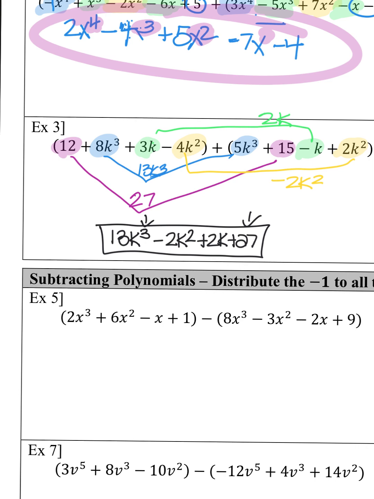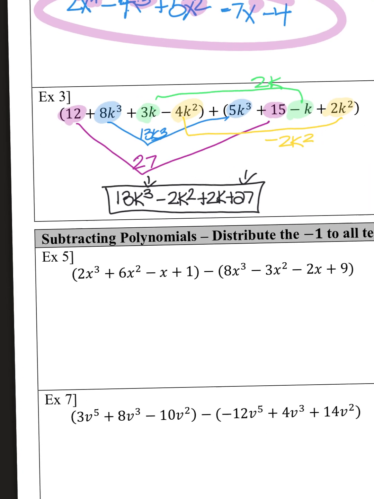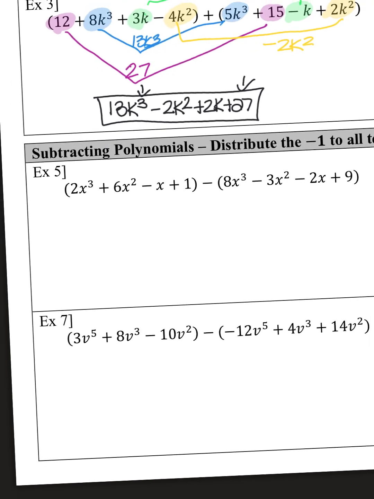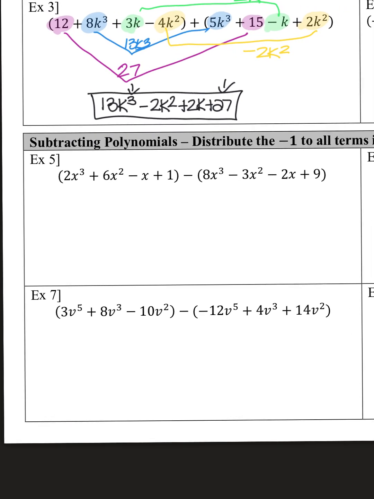Okay. Well, now that we have successfully been able to add our polynomials, let's now work on subtracting. So let's take a look at number 5, okay? So here, the first thing that we're going to do is I want you to distribute this negative to everything inside the parentheses.